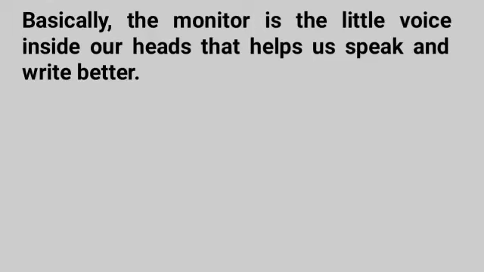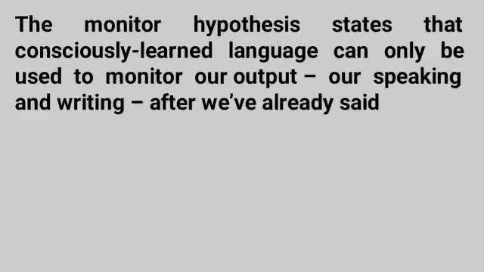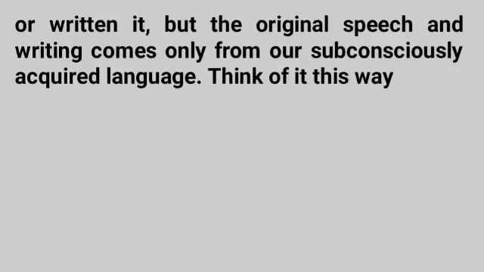Basically, the monitor is the little voice inside our heads that helps us speak and write better. The monitor hypothesis states that consciously learned language can only be used to monitor our output, our speaking and writing, after we've already said or written it, but the original speech and writing comes only from our subconsciously acquired language.